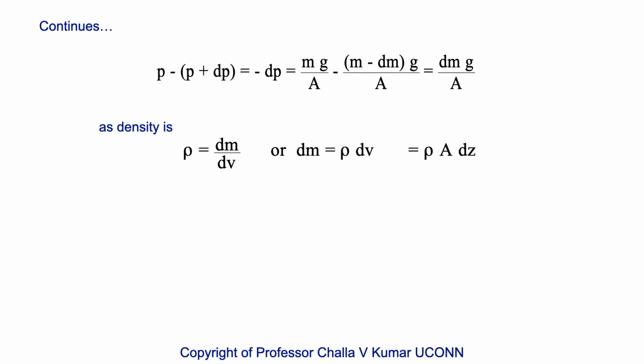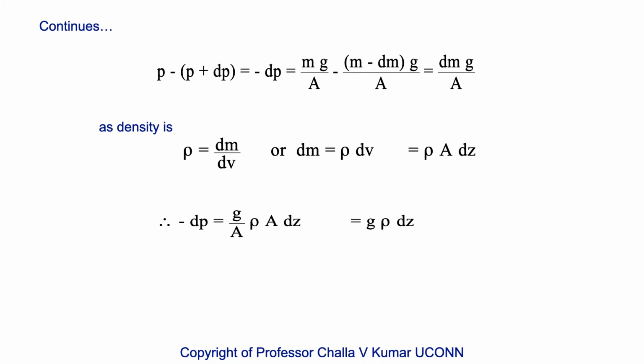So now we can go back and substitute in the above expression for dm. Minus dP, the change in the pressure, is equal to g over A, as we have seen previously, multiplied by dm, and dm is equal to rho times A times dz.